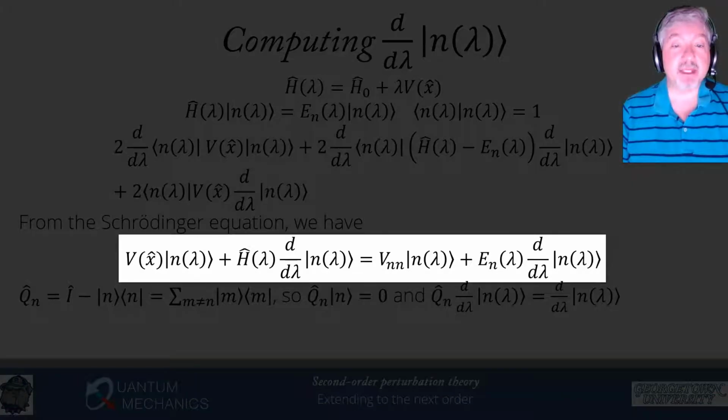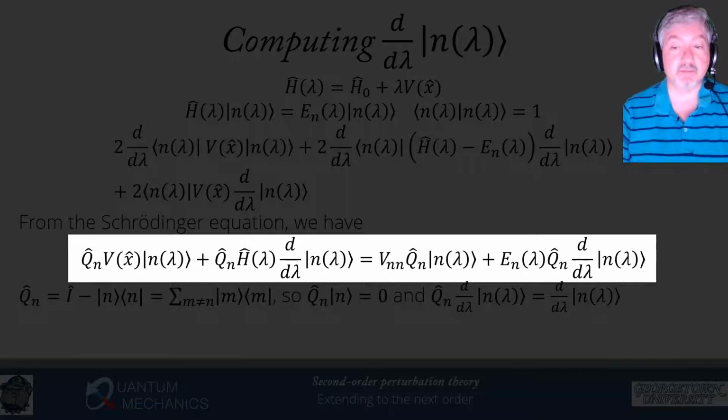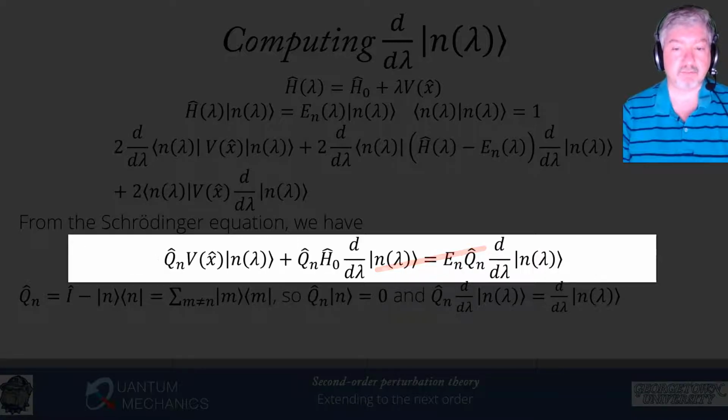Okay? So that means I can multiply the Schrodinger equation that we have by a Qn. So I'm going to multiply by a Qn on both sides. Now, when the Qn acts on the n of lambda, that's going to get rid of it in the limit where lambda goes to 0. So we can get rid of that term. And I'm now going to do a rearrangement.